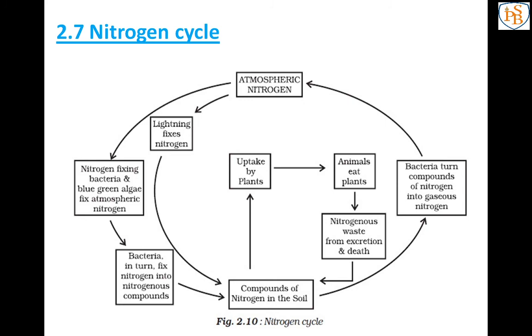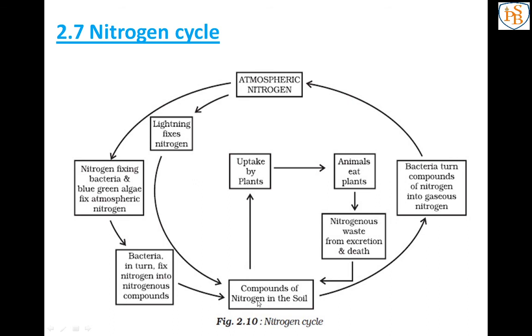So with the help of this diagram you have to explain your nitrogen cycle. Again I am explaining. See, atmospheric nitrogen, two ways are there, lightning and nitrogen fixers. When the lightning is there, atmospheric nitrogen is directly converted into nitrogenous compound. But if the fixers are there, they take the atmospheric nitrogen and then convert it into nitrogenous compound.